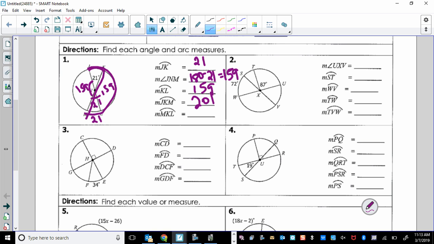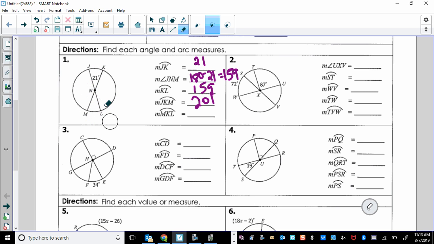MKL. I need to erase this so that I can see where it is. So MKL is everything except the 21 degrees. You start from M, K is here, L, sorry. So it's the whole circle except 21.